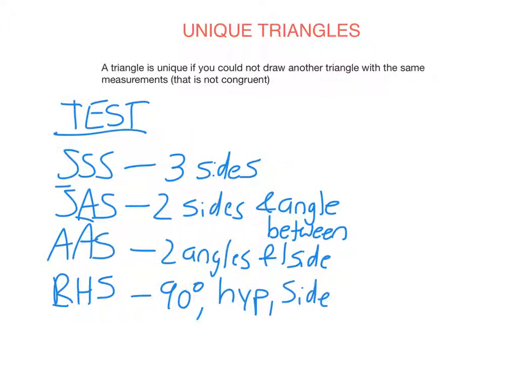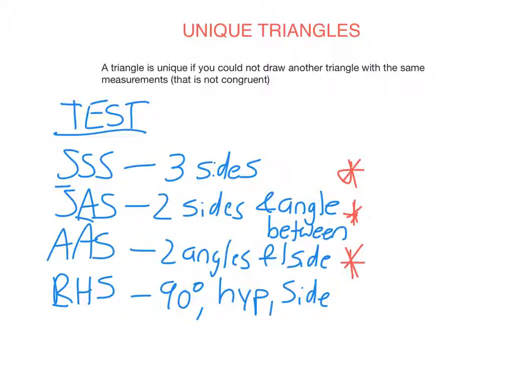What all these tests mean: if I give you the lengths of three sides of a triangle, it is unique. There is only one triangle you can draw with those three side lengths. For the second one, if I give you two sides of a triangle and the angle between, there is only one triangle that you can draw with those two sides and angle between.